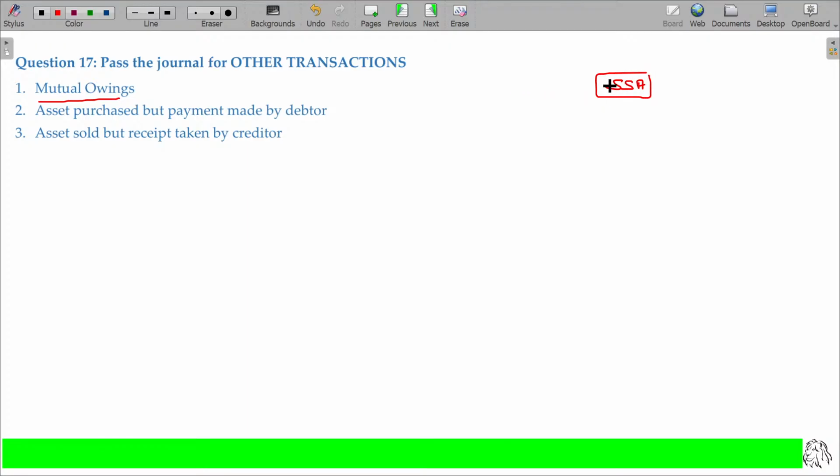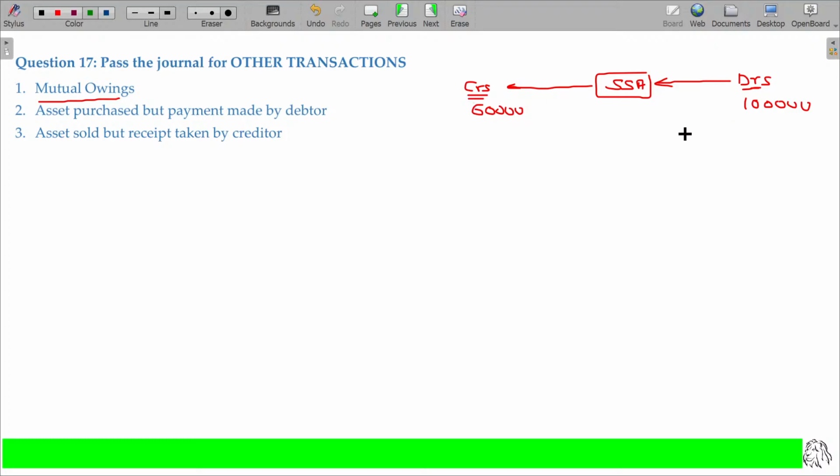For SSA, he has to get the money from debtors, okay, 1 lakh. SSA has to pay money to the creditors, around 60,000. Is that okay? Clear?